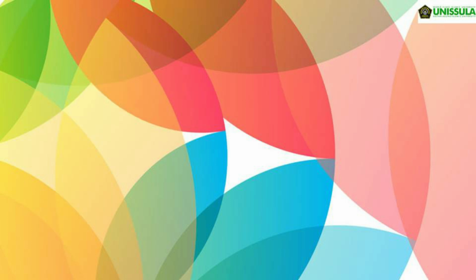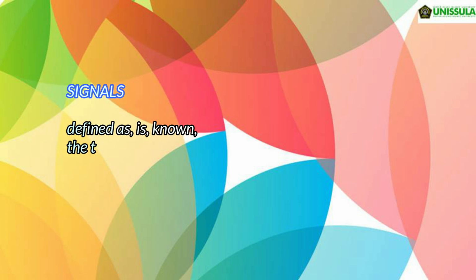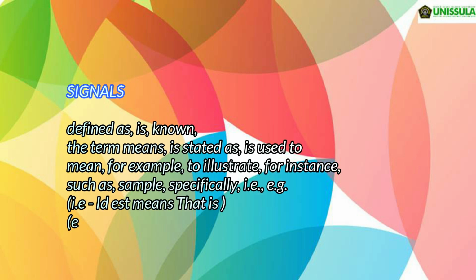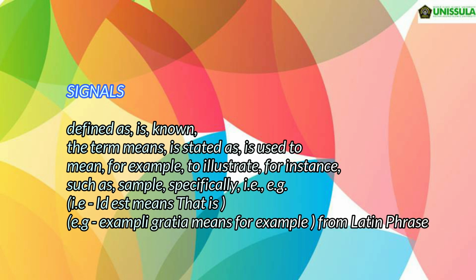And then the signal words that we can use to arrange the paragraph will be like defined as, up to IE, or EG. EG stands for the abbreviation from the Latin phrase exempli gratia, and the meaning is for example.